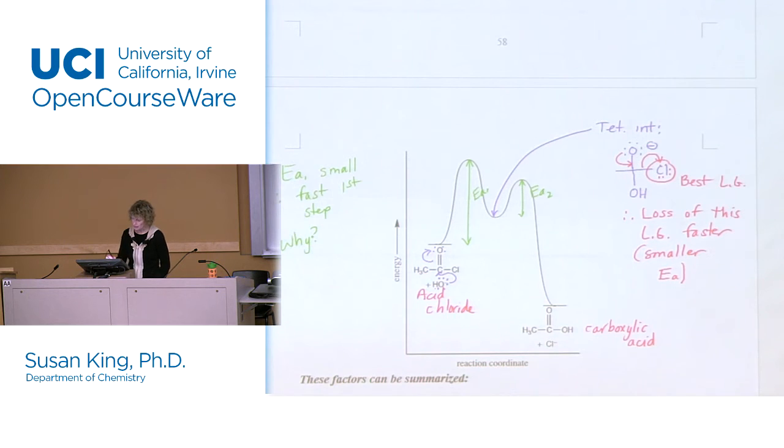Why? Acid chlorides are very electrophilic. That's it. And EA2 is also small because we have a great leaving group. Acid chlorides have a great leaving group.